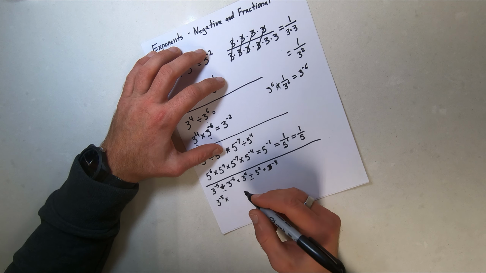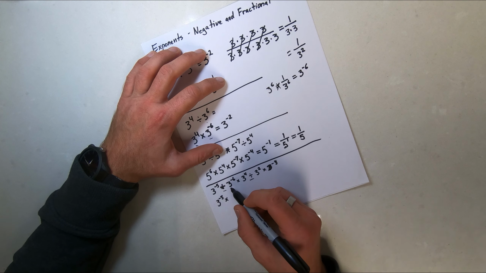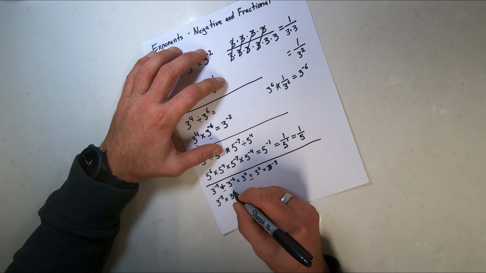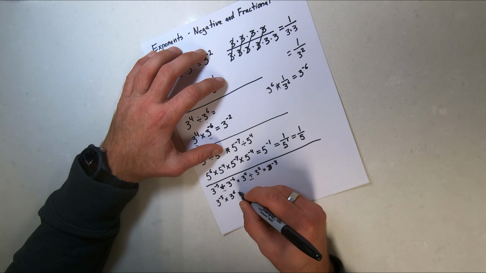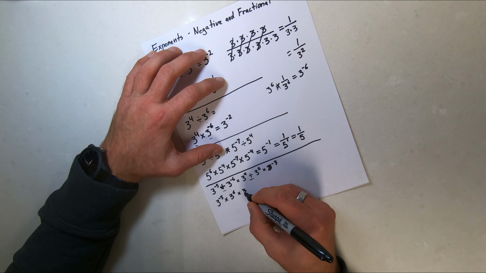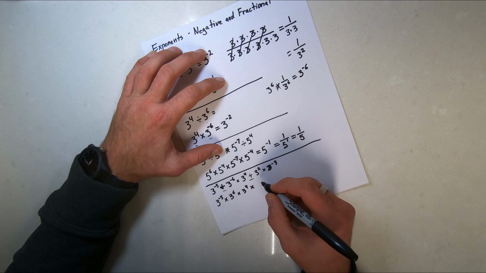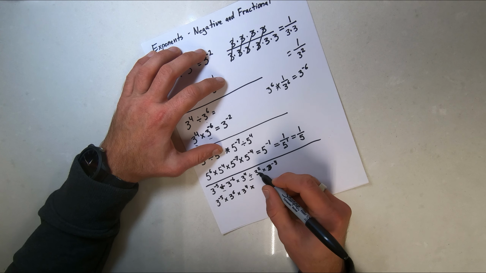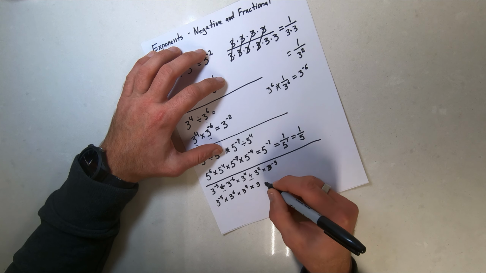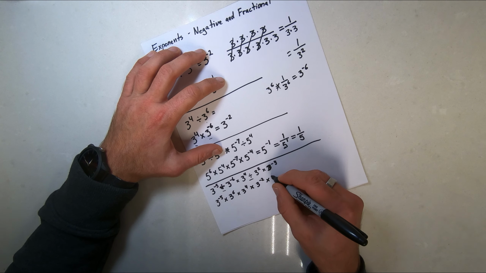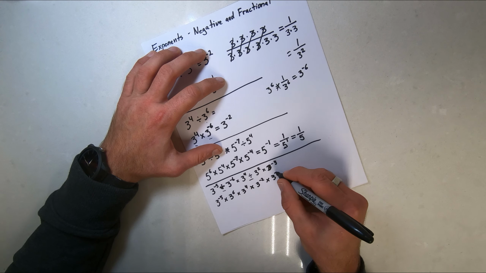Change this to multiplication. What is the opposite of 3 to the negative 6? Well, that's 3 to the 6. We leave this one as it is, 3 to the fourth. Change this sign into multiplication and multiply by the opposite of this, which is 3 to the negative 2. And then we leave this one as it is.